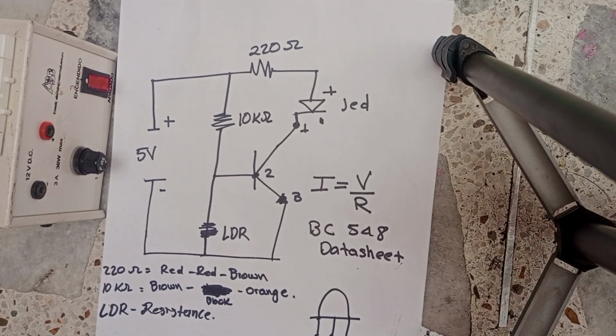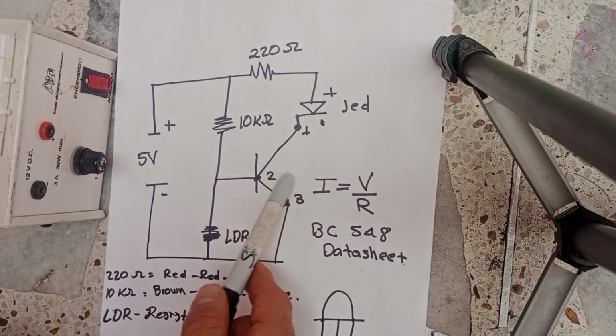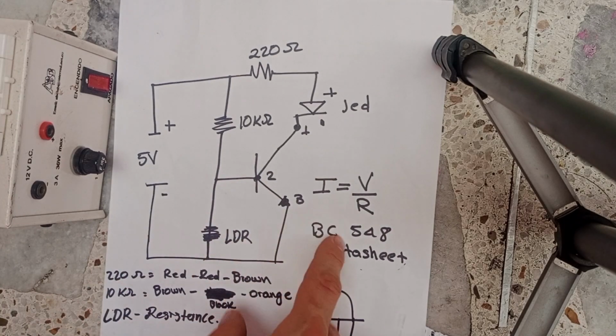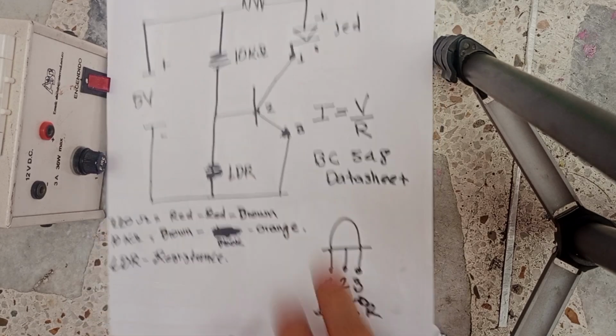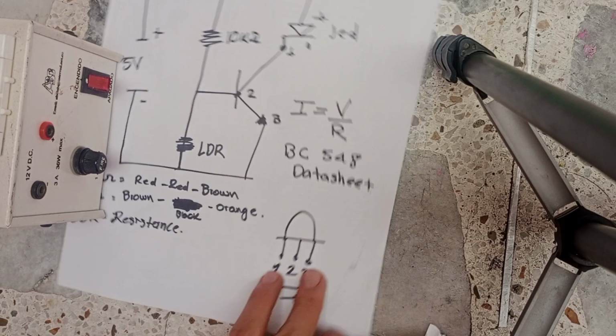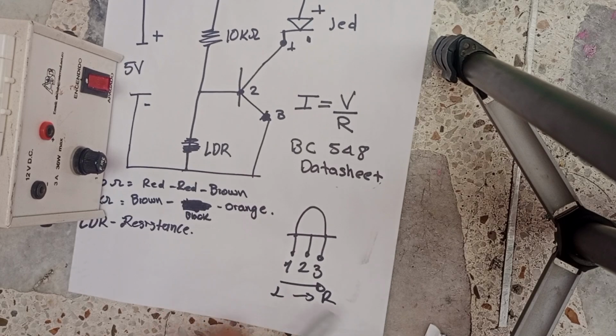So the next part that we need to understand is that here you've got to connect the 3 main pins. As you should recall, the BC548 and other transistors have 3 main pins, and you start counting from left to right.